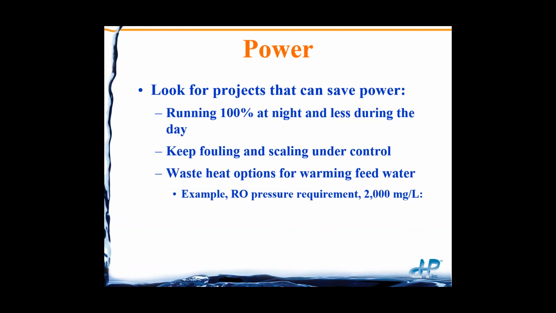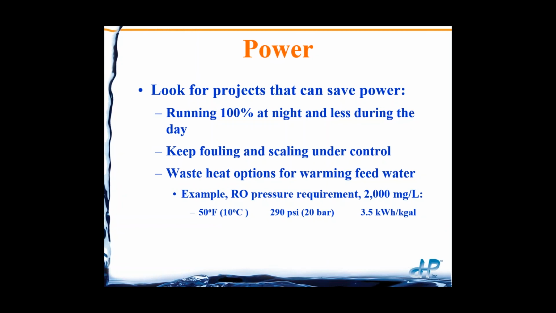water. Here's just an example: RO on a 2,000 milligram per liter well water or a surface water at 50 degrees Fahrenheit, and this is just an example using one specific membrane. You're having to supply 290 psi, so that's 3.5 kilowatt hours per 1,000 gallons, or kilogallon.